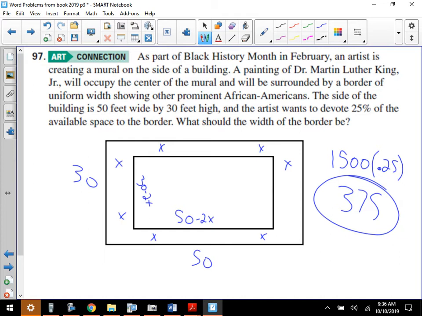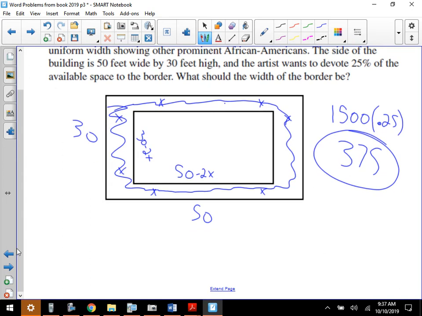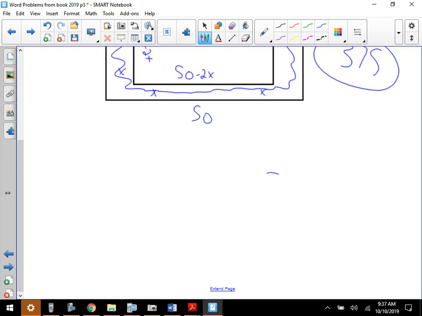So the border is the shaded region that we have to do. We need to get that area equal to 375. So to get to 375, we have to take that large shape, subtract out our quadratic.